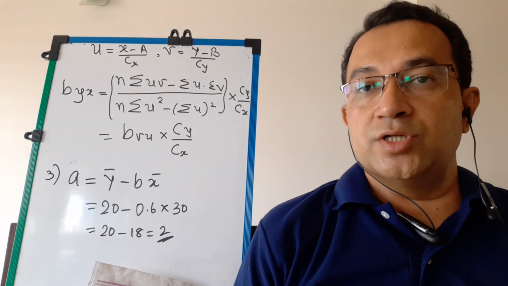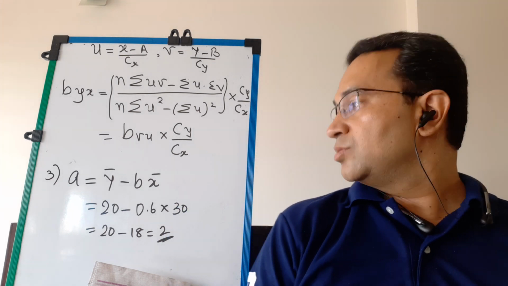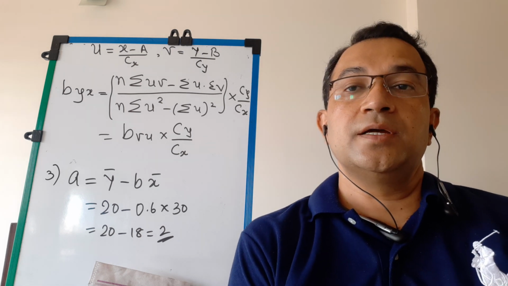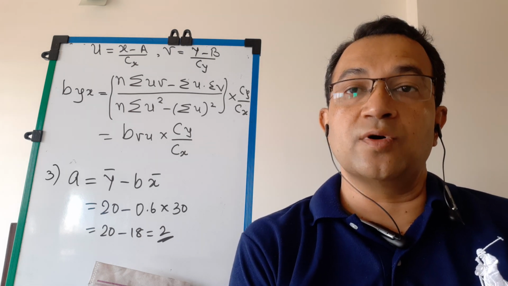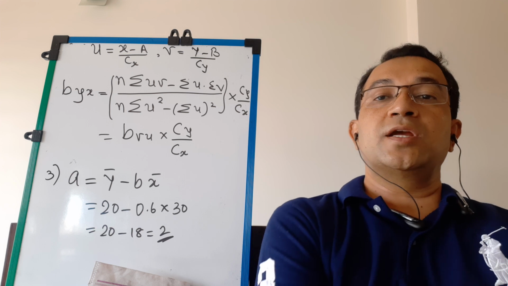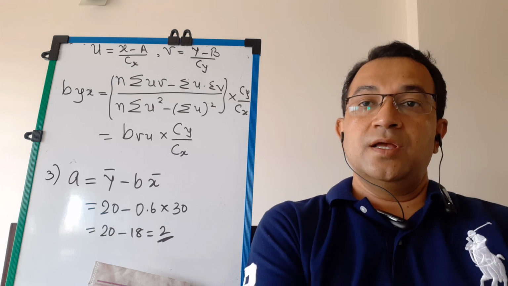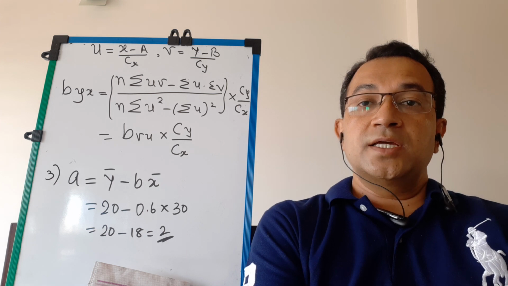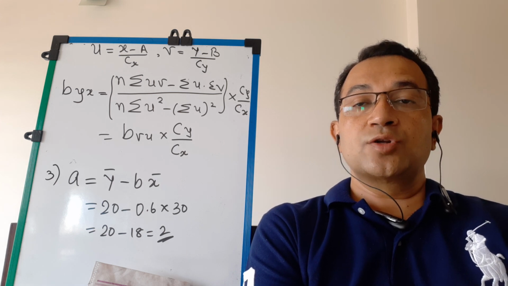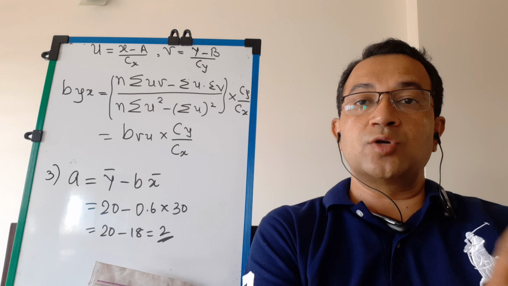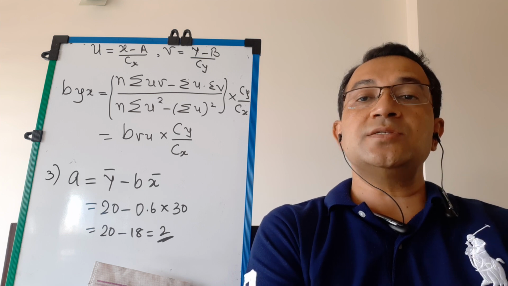So the value, students, of the constant A is 2. This is very simple. It is asked in the board exam, students, for 1 mark. So one has to be very cautious in understanding and interpreting the applications. A is called the intercept in the regression line and B is called the regression coefficient. So students, whenever we are told to find the intercept, it means A.